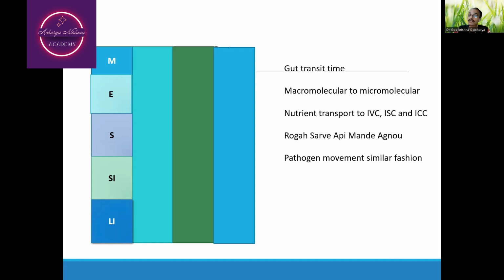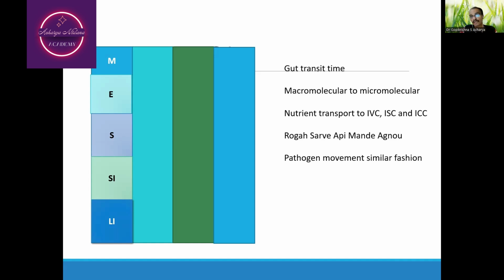Food moves within seconds into the stomach. In the stomach, the food may remain for almost 2 hours. In the small intestine, it may remain for 6 hours, whereas in the large intestine, it may remain for 24 to 48 hours. This is the gut transit time.